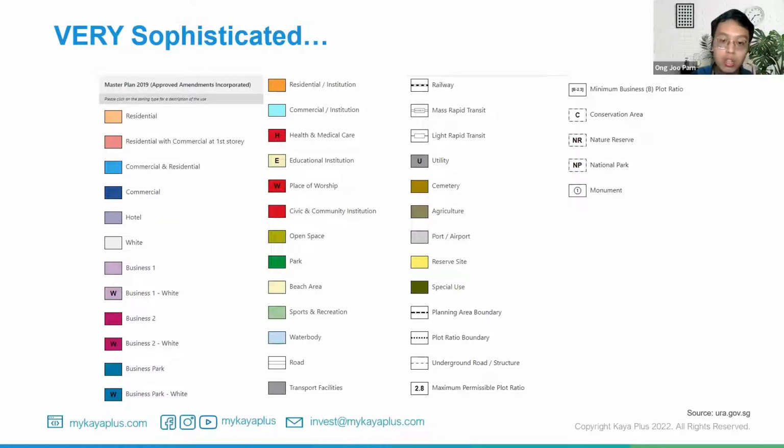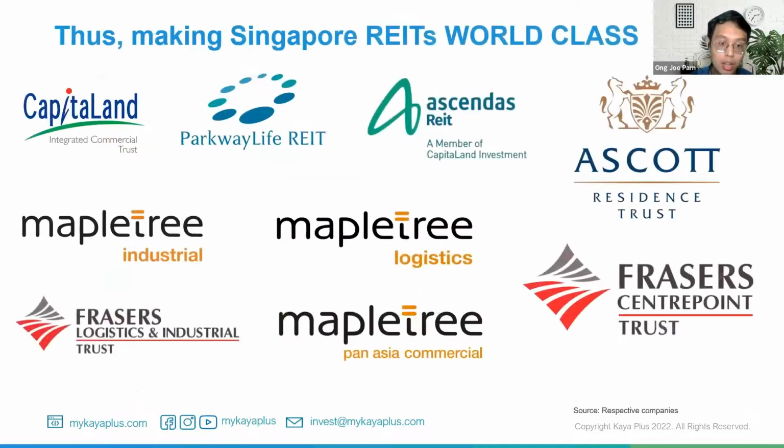And when you have such a detailed game plan to develop your country, that means the property companies and the REITs here are going to be world-class, because you only have this much land, right? You want to be very efficient in using the land for development, be it for shopping malls, office properties, or whatever kind of property.